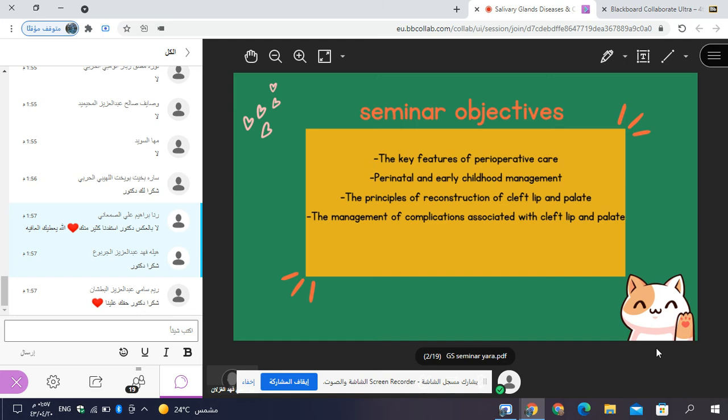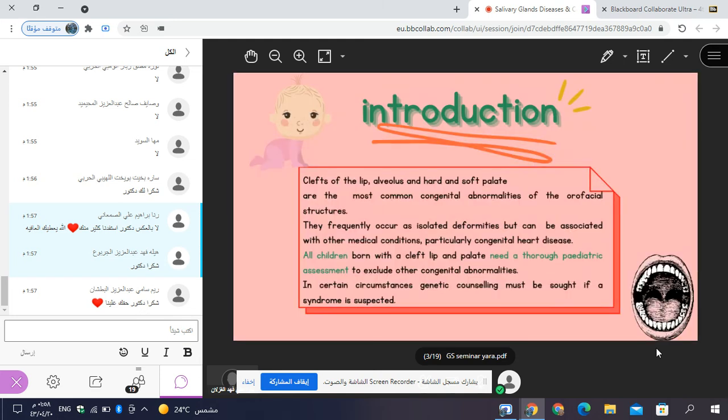So before we move on to the management, here's a quick introduction. Generally, clefts of the lip and alveolus and hard and soft palates are the most common congenital abnormalities regarding the orofacial structures. Of course, they can be isolated deformities or associated with other syndromes, particularly those with congenital heart diseases.